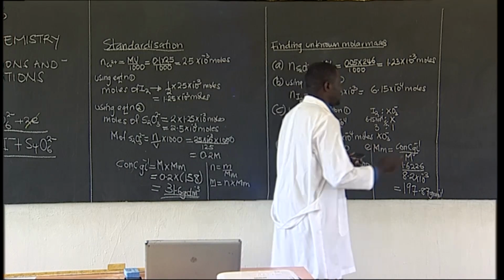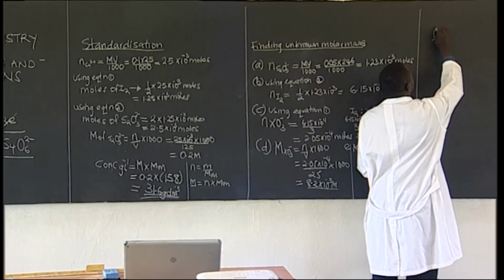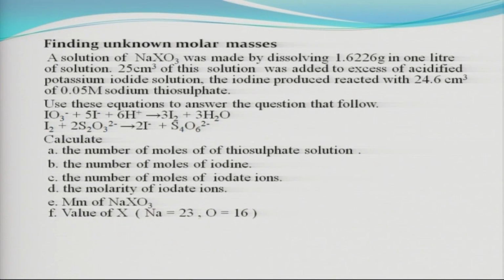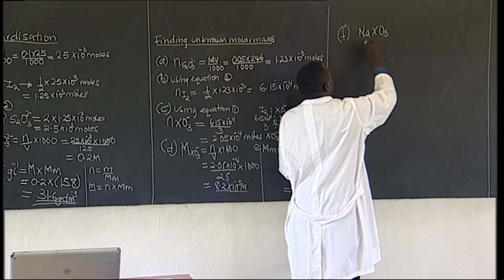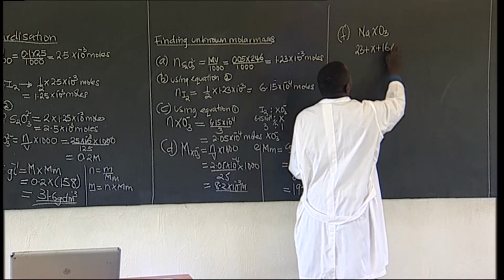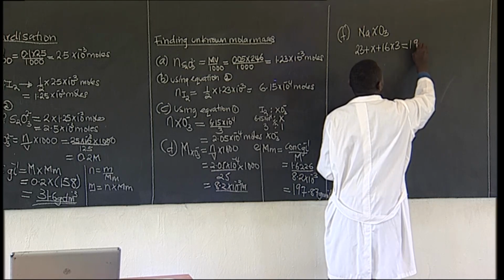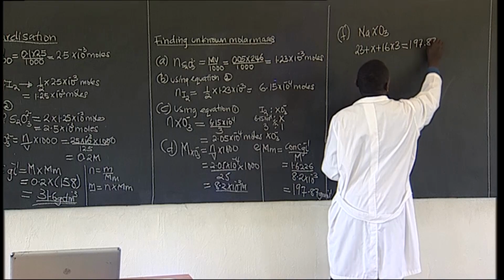From there, we can get our last part, part F, the value of X. Sodium X-onate is 23 plus X plus 16 times 3, which equals approximately 197.87.